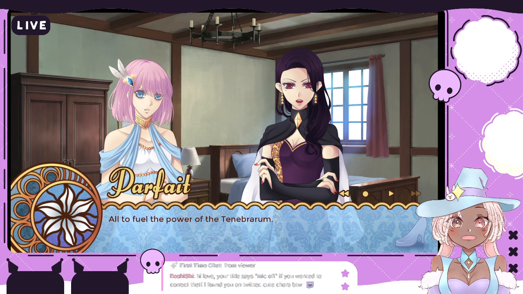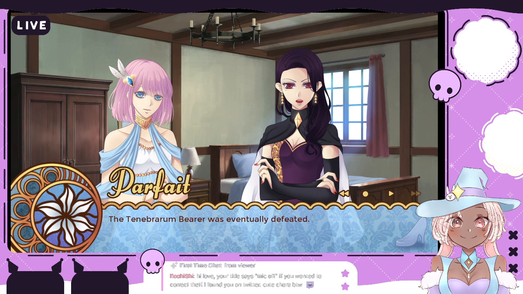It also fueled the power of the Tenebrae. The delicate balance of harmony between the crystals was broken. The witches in the Tenebrarum grew far stronger than they were ever meant to be. We had no choice but to fight. And then the Great War happened.